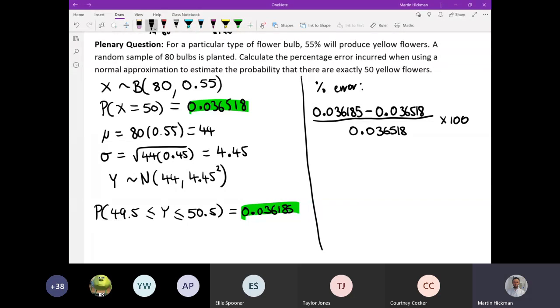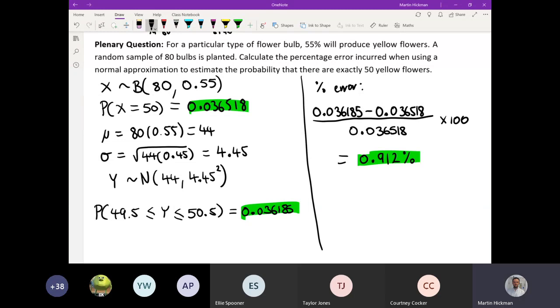Then we times it by 100, and we get 0.912%. I believe you should get 0.00912 as a decimal. Just times that by 100, and we get 0.912%. And that's our error. So we're just under 1% out doing it this way.